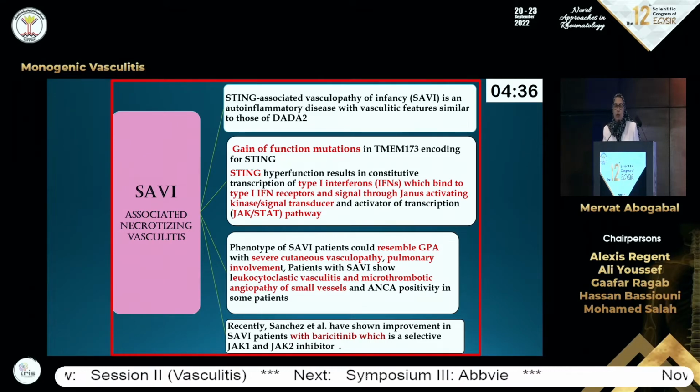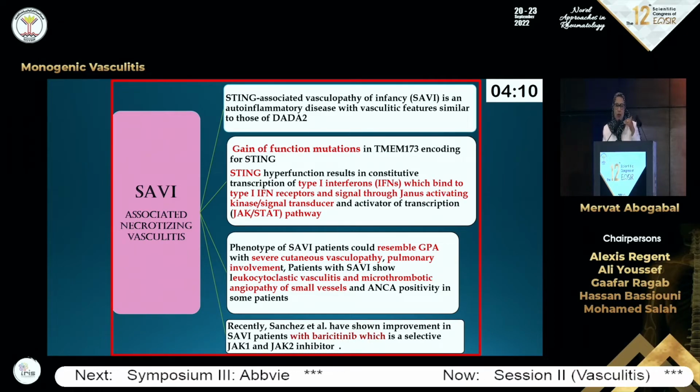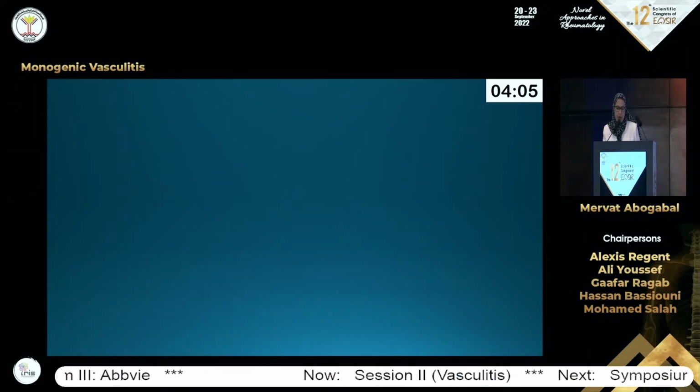This results in necrotizing vasculitis resembling polyarteritis nodosa, and in other patients it can result in a picture of granulomatosis with polyangiitis with severe cutaneous vasculopathy, severe interstitial lung disease, and microthrombotic angiopathy. The recommended treatment for these patients is baricitinib, a Janus kinase inhibitor, because the activating factor is Janus kinase activation.